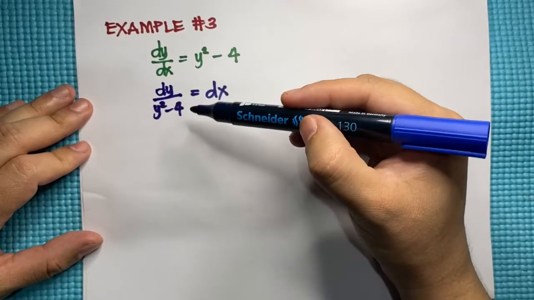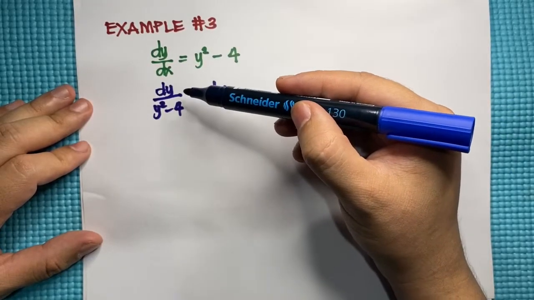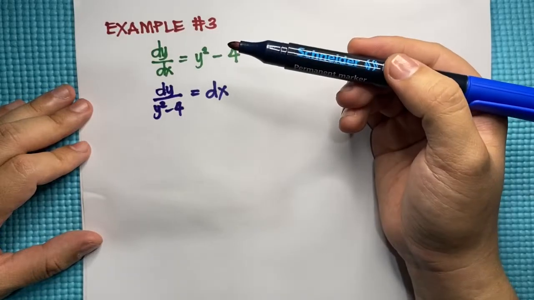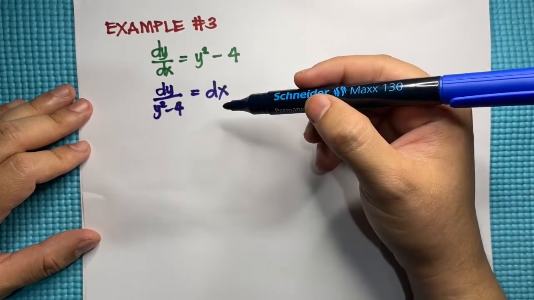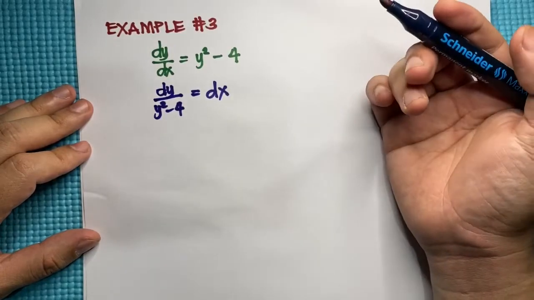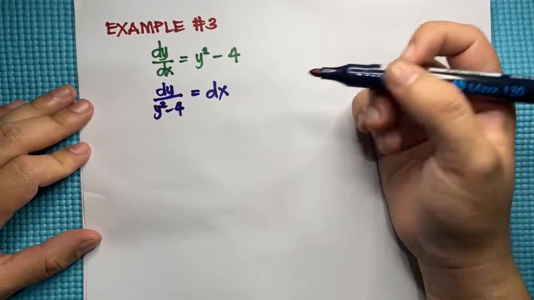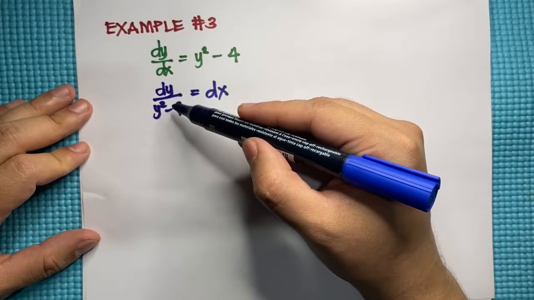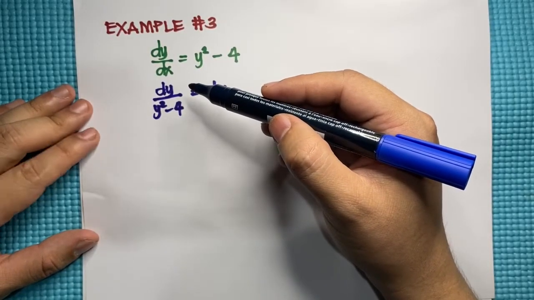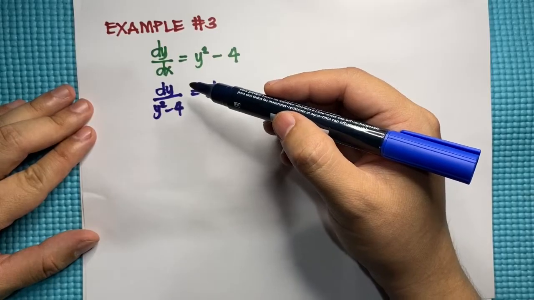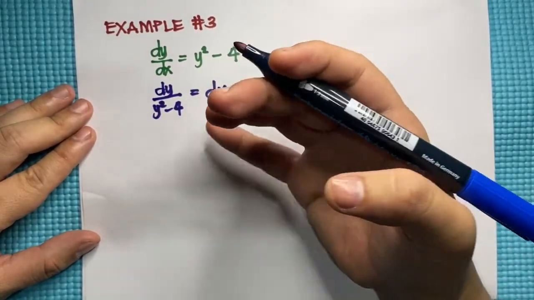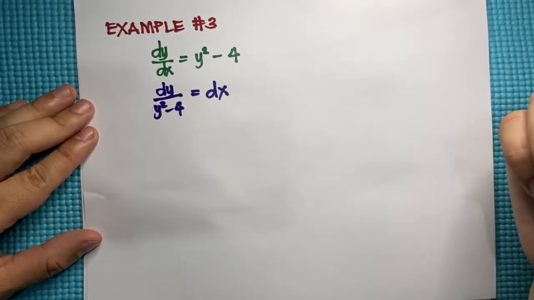So usually whenever students see y squared in the denominator, it resembles an equation to be solved using inverse trigo. However, take note here that we have a negative 4. So therefore, inverse trigonometric functions are not applicable in solving such equation.